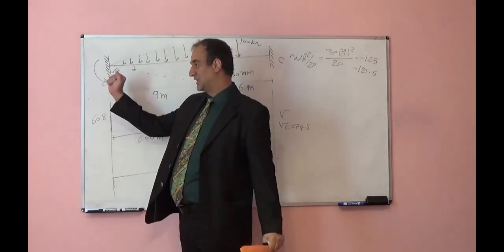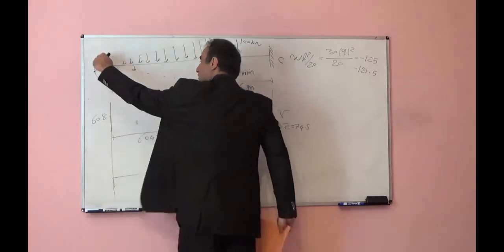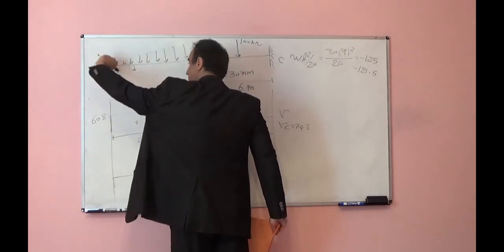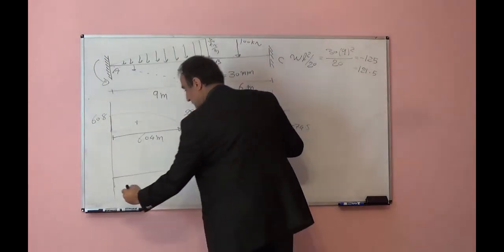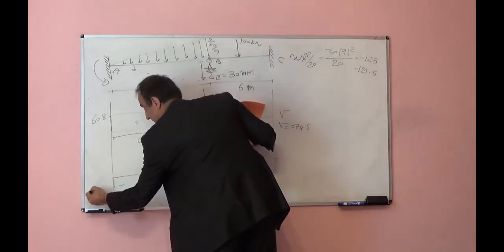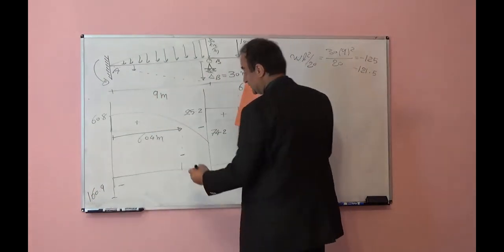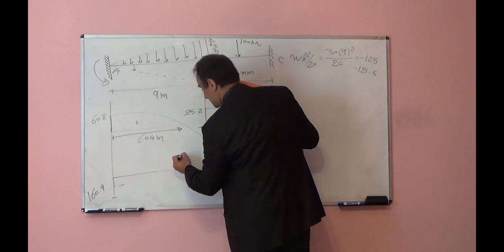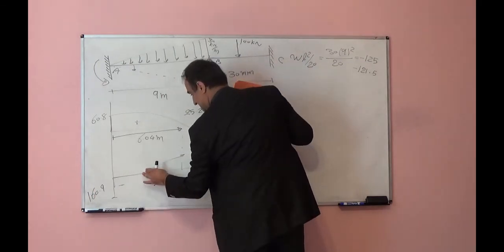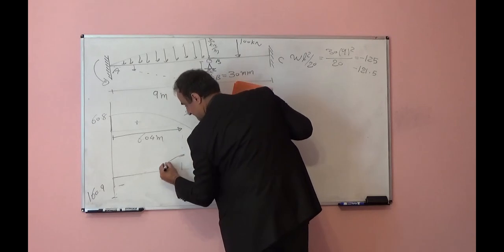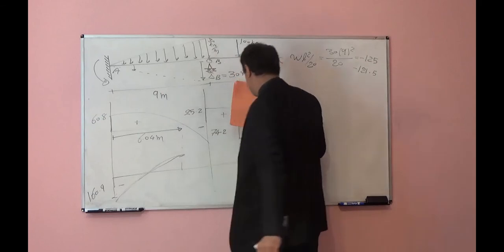Assume you are taking point A and rotating in the moment direction, like this, it creates compression, negative moment, negative 160.9. Then the cubic shape will come to the positive side, something like this.